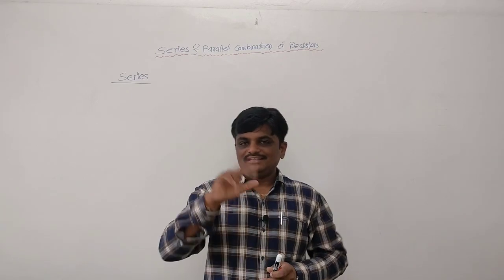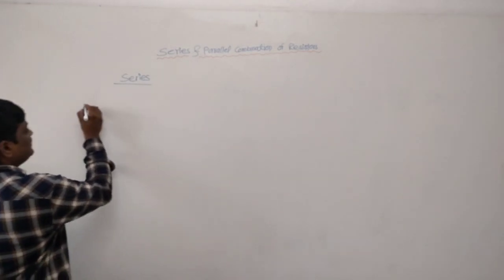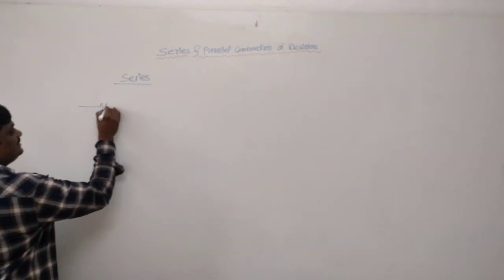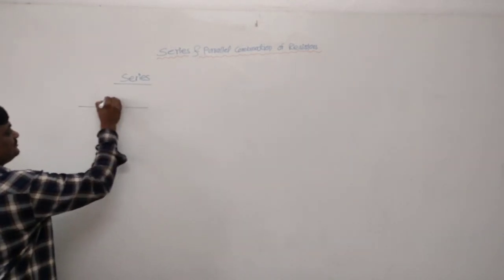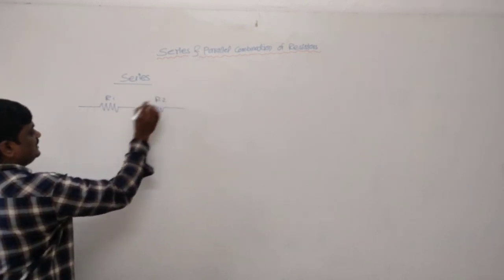So I can take the example with the help of two resistors. Say you are having two resistors, first one is R1, second one is R2, right?